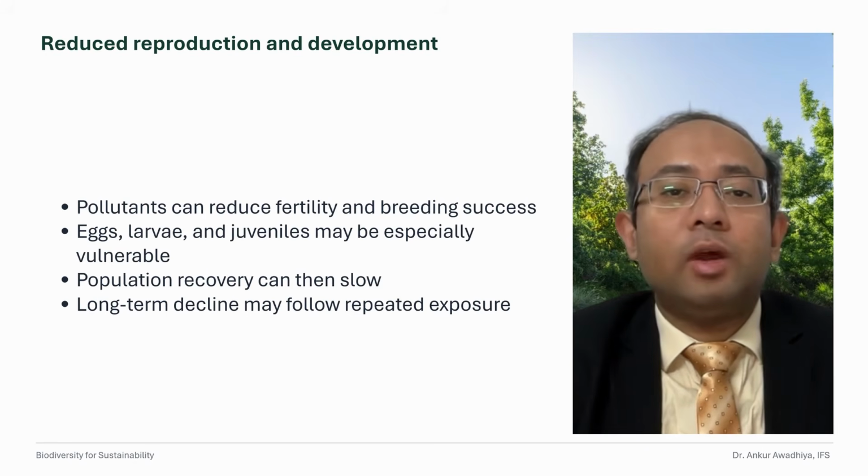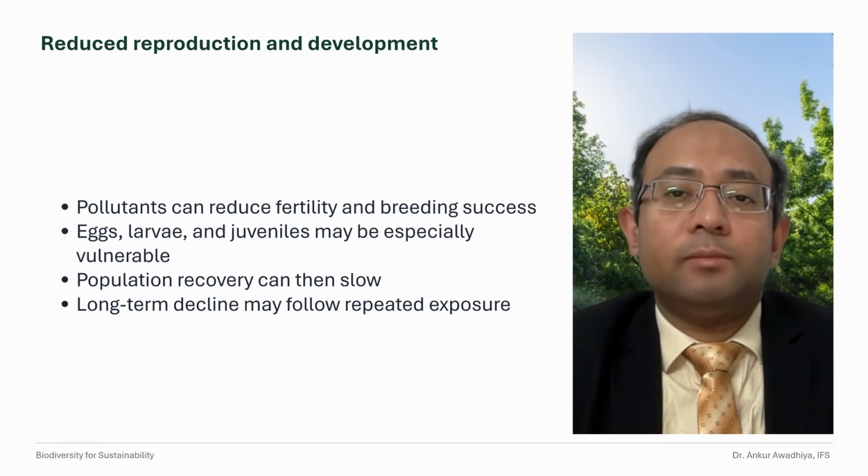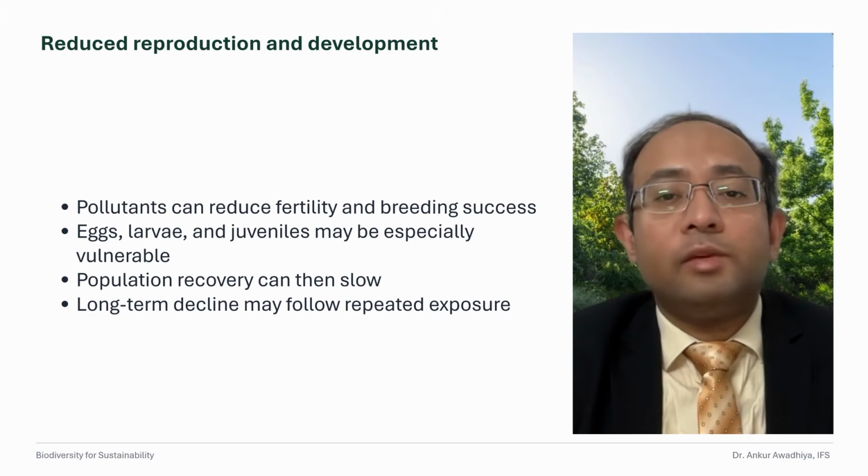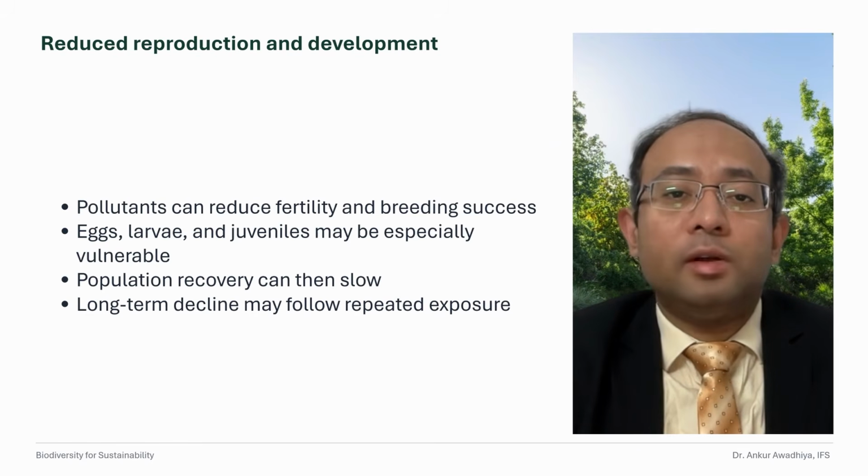A population may look active and present while its ability to replace itself quietly declines. Over time, population size falls even though adults remain visible. Recovery then becomes harder because the reproductive foundation is already weakened, which is why pollution requires long-term monitoring rather than a snapshot observation.